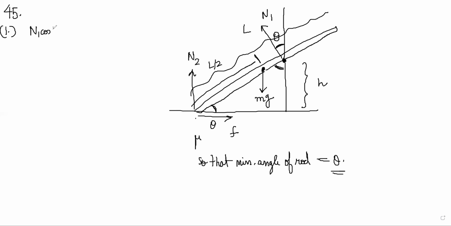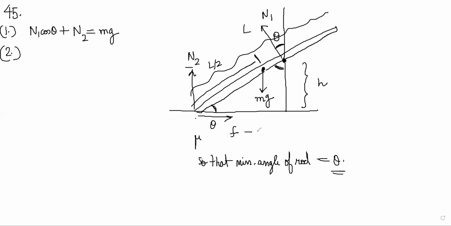N1 cos theta plus N2 minus mg should be equal to zero, right? No other vertical forces. Second, horizontal forces. So you have F, and F is equal to mu into N2 actually, right? So I'll write mu N2 because I don't want to create a new variable for F.